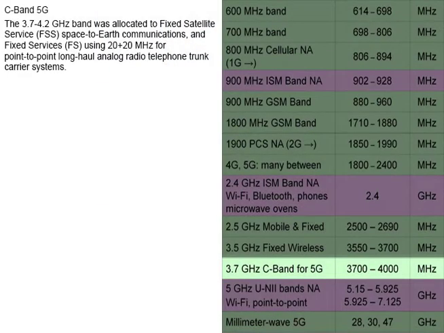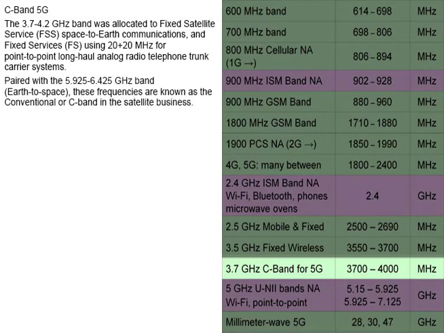The 3.7 to 4.2 gigahertz band was allocated to fixed satellite service space-to-earth communications and fixed services using 20 plus 20 megahertz for point-to-point long-haul analog radio telephone trunk carrier systems.